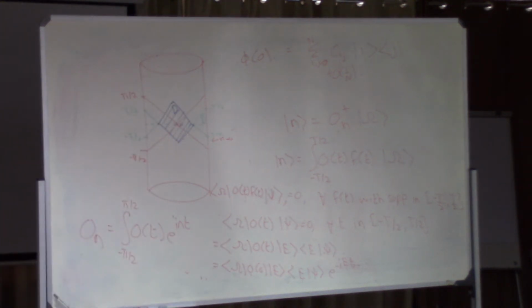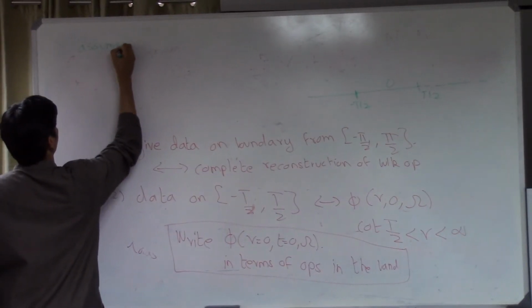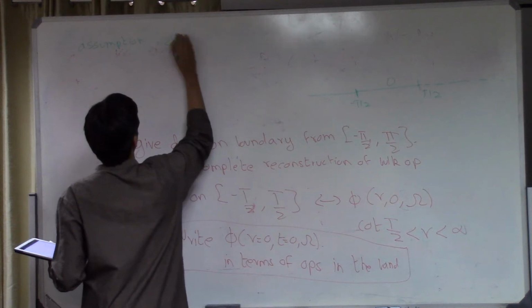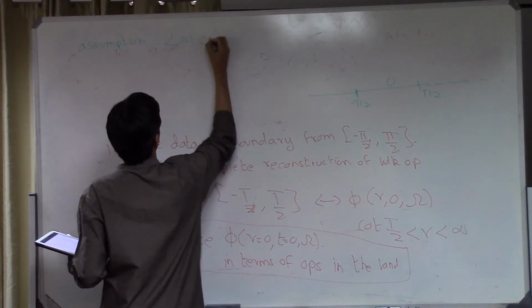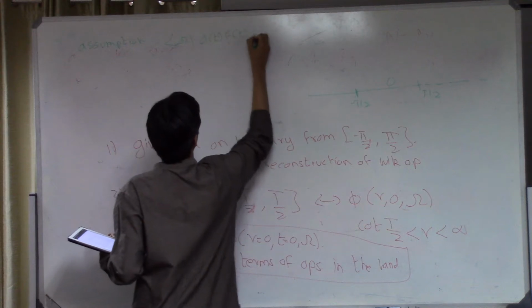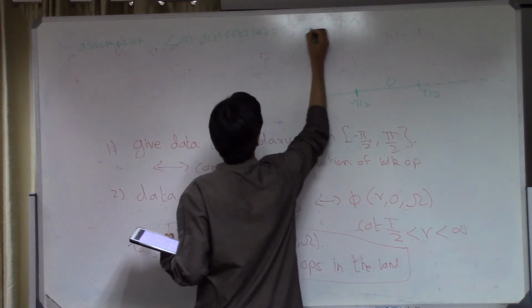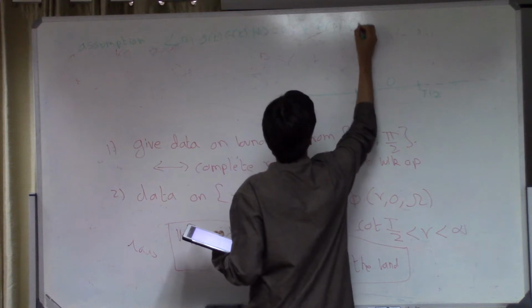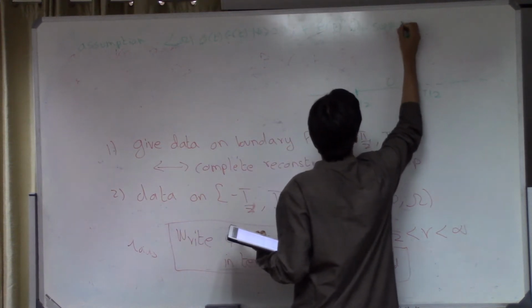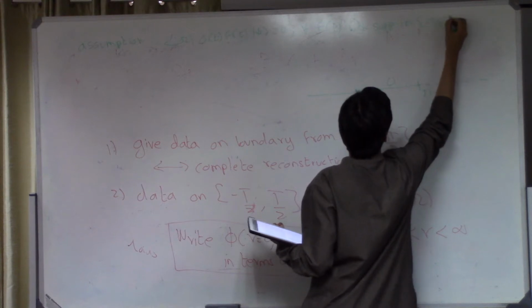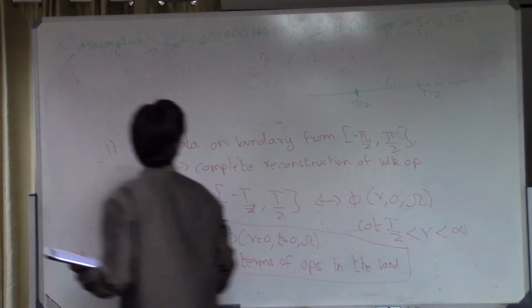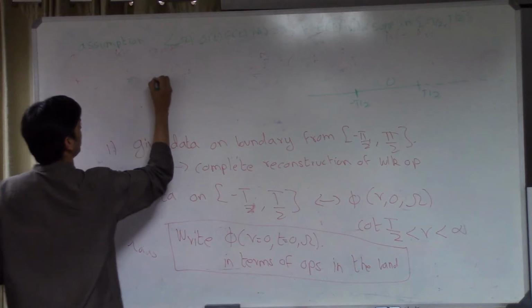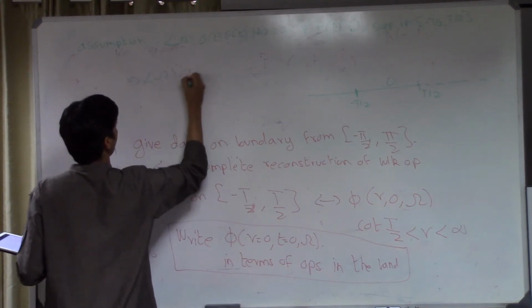So the arguments I made tell us that, given our assumption that f of t has support in this region, the analyticity argument actually implies that this is 0 for all t.